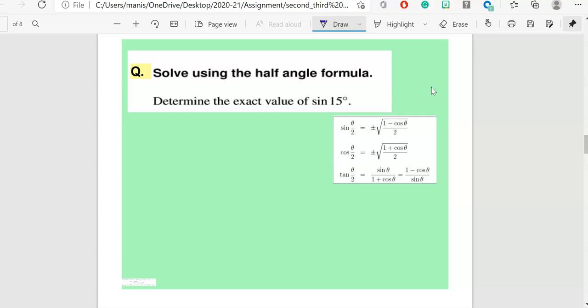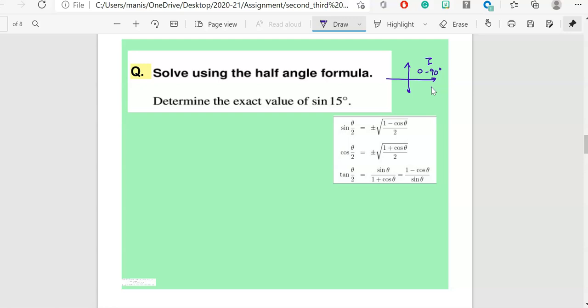Now the first question that comes to mind is this 15 degrees. Does it come in the first quadrant or second quadrant? If you are paying attention over here, this is your first quadrant. First quadrant means 0 to 90 degrees. So 15 degrees comes in the first quadrant.